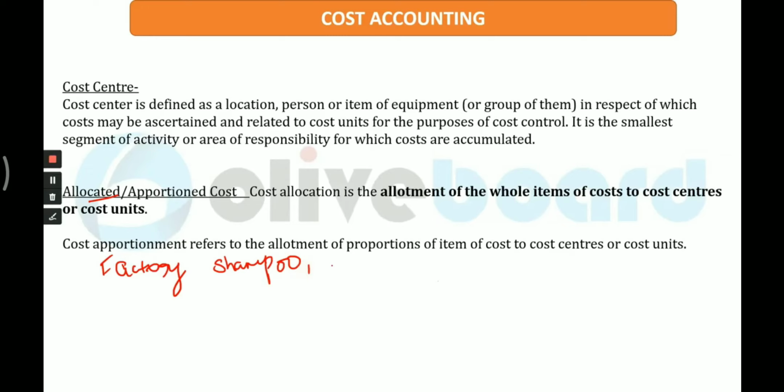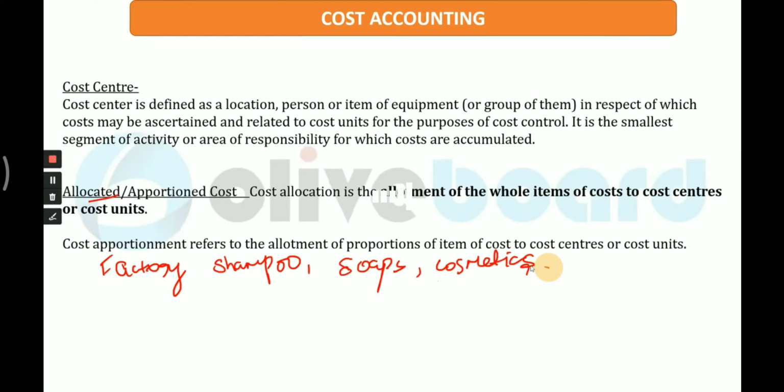Another floor I'm manufacturing, for example, soaps. And another I'm manufacturing cosmetics. All right. Now what happens here? Now I have these three products I'm manufacturing.